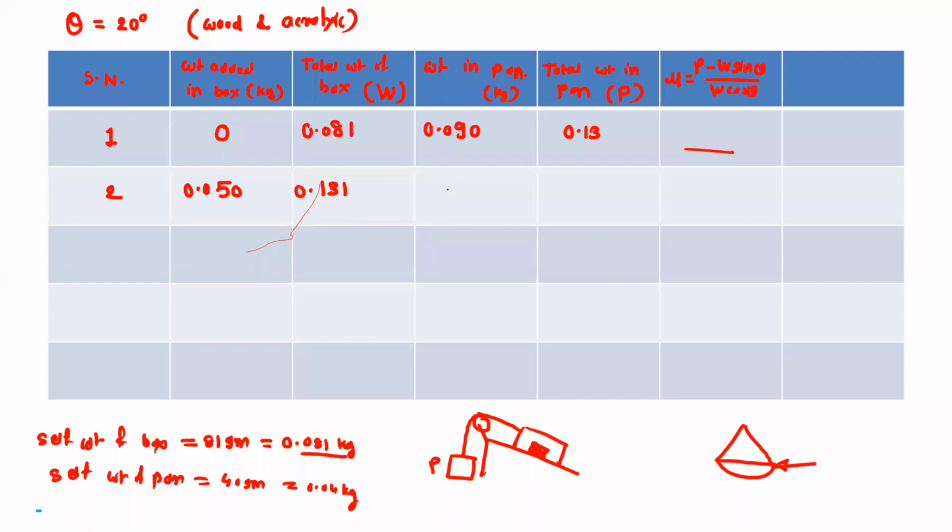Then weight in the pan is 0.124 kg. So total weight will be 0.124 plus, sorry, plus 40, so this is 164, it is 0.164.